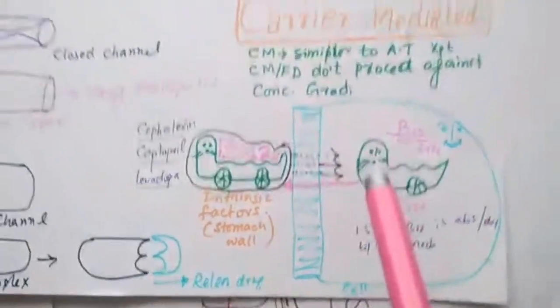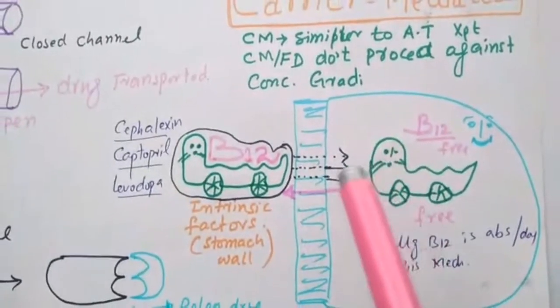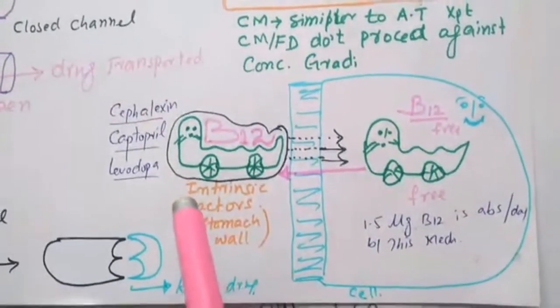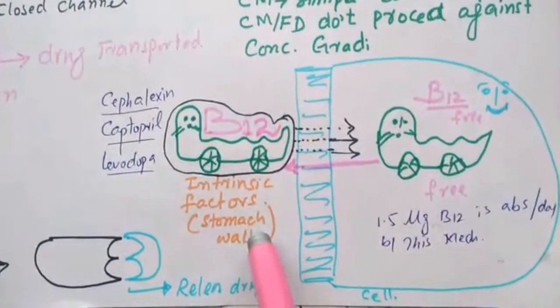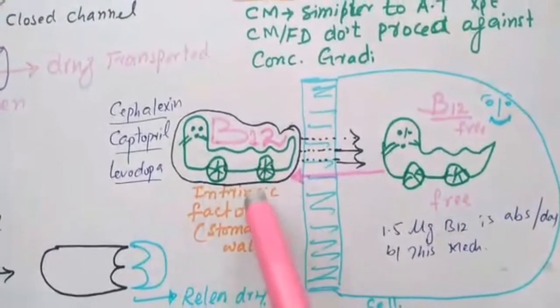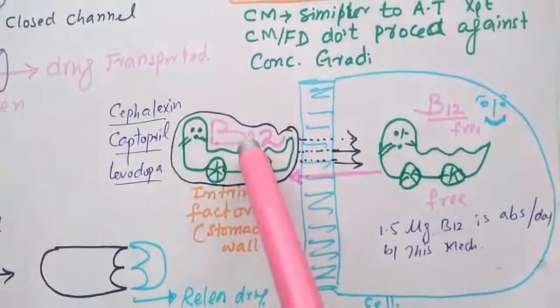In this carrier mediated transport, there are some intrinsic carriers, just like intrinsic factor, which is produced by the stomach wall. These intrinsic factors form a complex with vitamin B12.